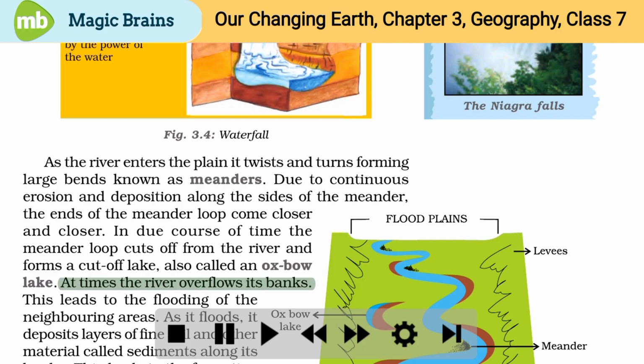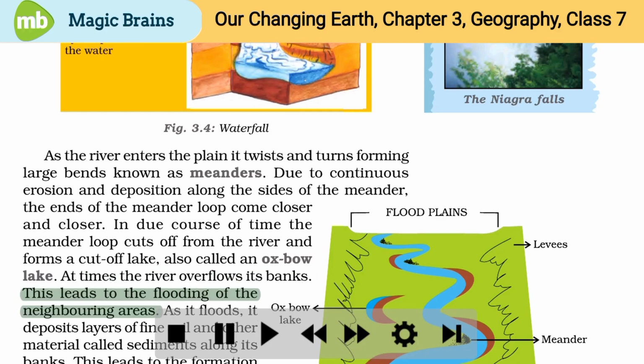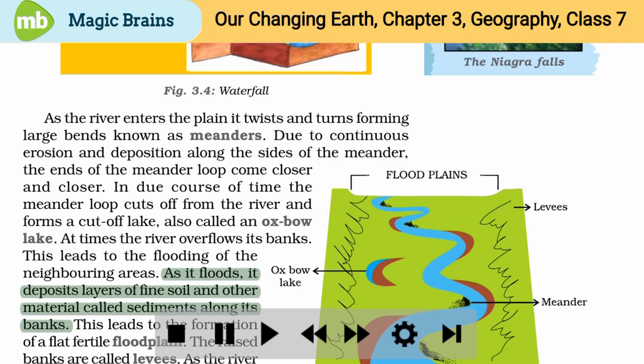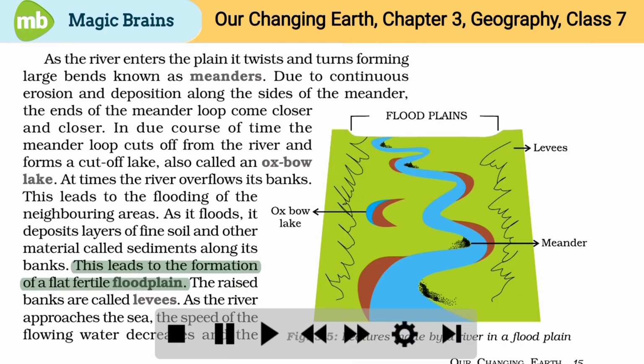At times, the river overflows its banks. This leads to the flooding of the neighboring areas. As it floods, it deposits layers of fine soil and other material called sediments along its banks. This leads to the formation of a flat, fertile floodplain.